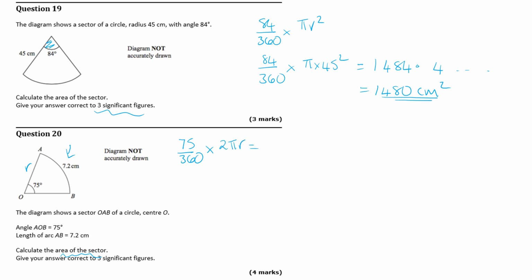And we know that the arc length is 7.2, so we need to cross multiply and work out what r is. So you do 7.2 times 360 divided by 75 times 2 times pi, and that's going to give us that r is equal to 5.50039, and then the area of the sector is 75 divided by 360 times pi r squared.